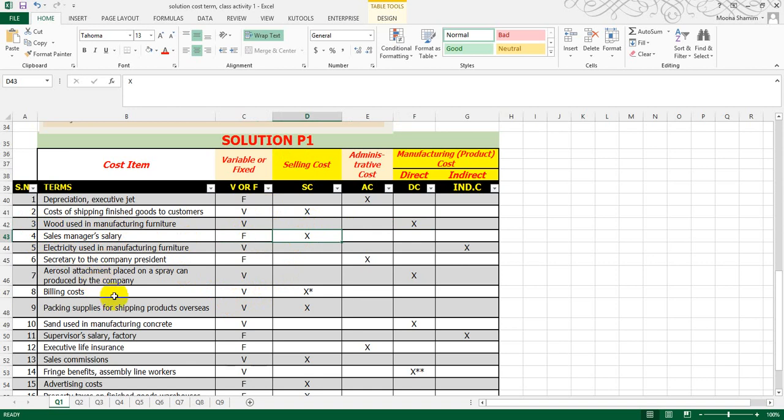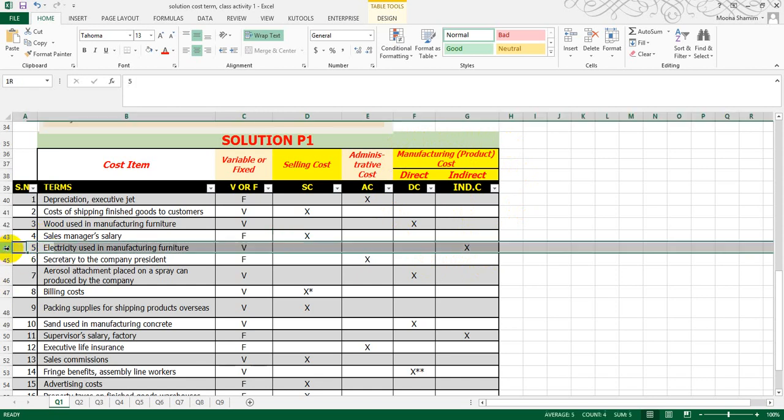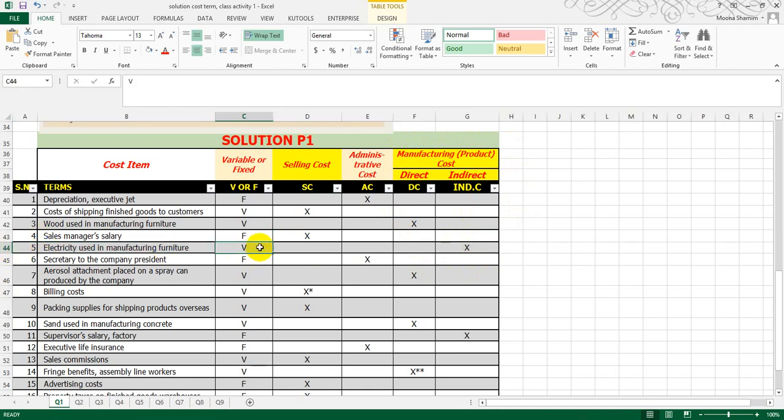Electricity used in manufacturing furniture. Where the electricity is used, where you are manufacturing the product, obviously it is part of the manufacturing cost. Electricity bill is variable. We consume electricity according to the demand and supply. If the demand is high, we will use more electricity.